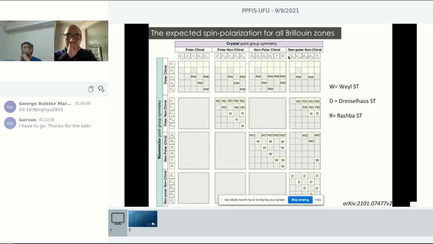Now in the y-axis here, I wrote all the possible point groups again, but in the reciprocal space. Okay, so we now have the intersection between these two plots. Let me put a light here.